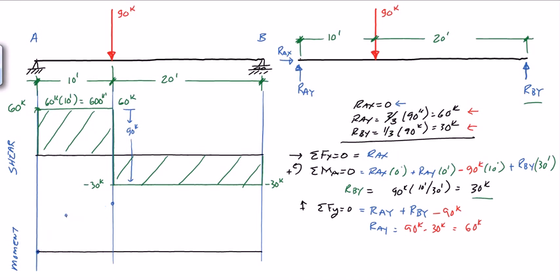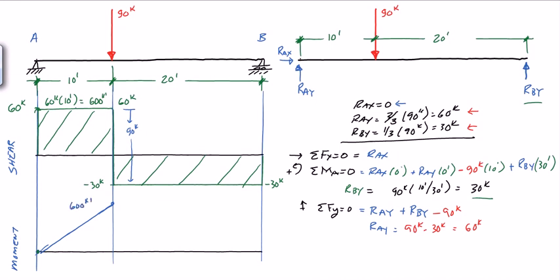Since the shear is 60 at the left end, we start off with a slope of 60, continue with a slope of 60 till we get to the end with a slope of 60. So when the shear is horizontal, we get a moment diagram that's just a straight line between the 2 points up to 600 kip feet.